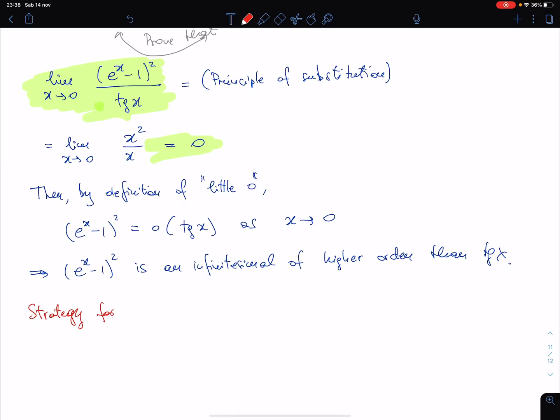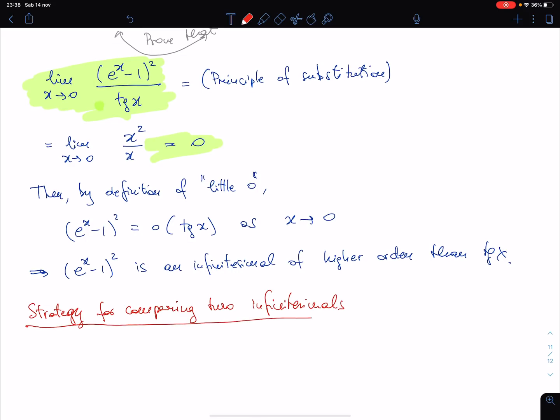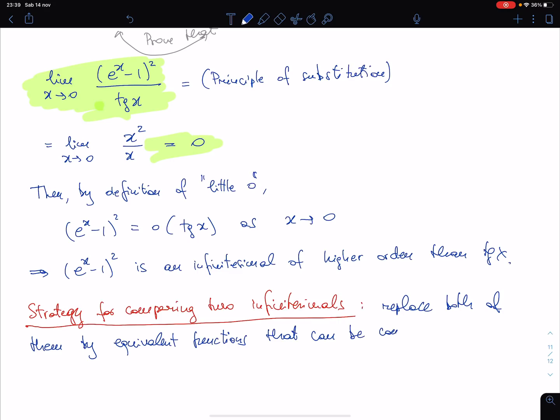Okay? The strategy for comparing two infinitesimals, that in general can be very complicated and difficult to compare directly, is to replace both of them by equivalent functions that are simpler and that can be compared more easily.